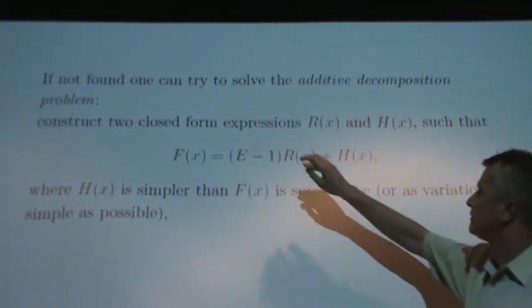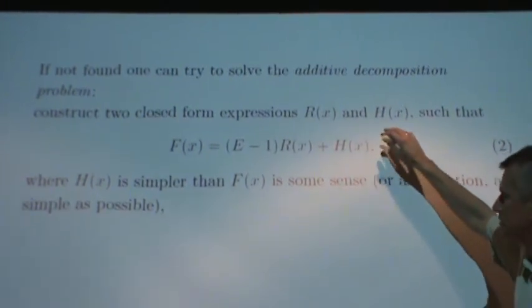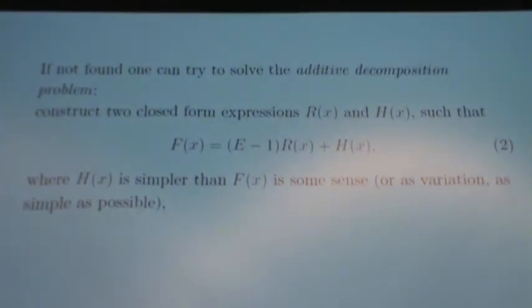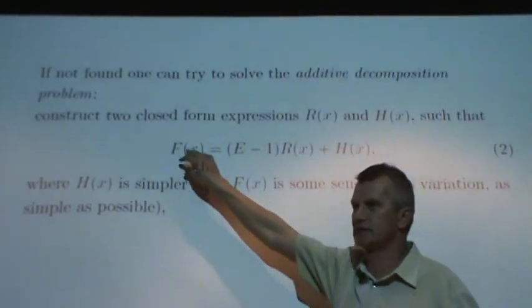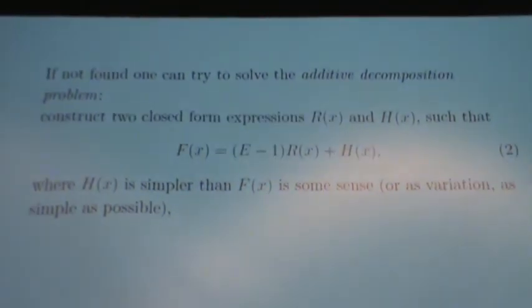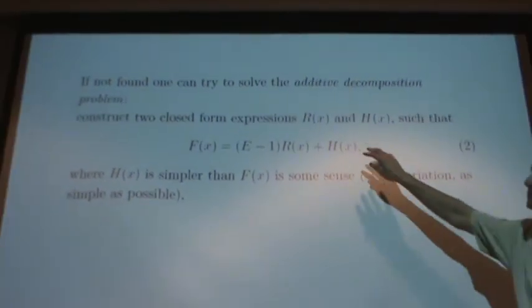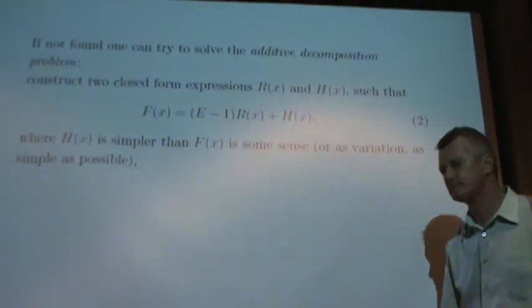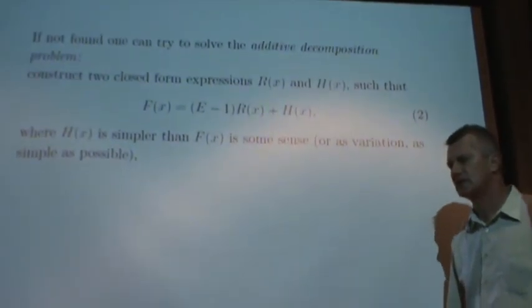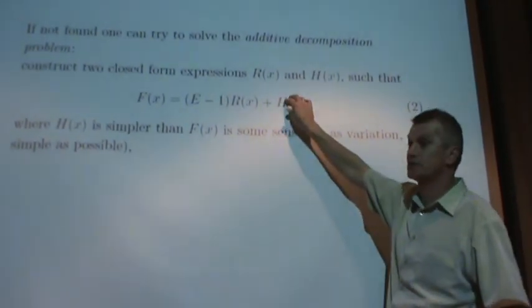Similarly here, a rational part and a non-rational part, with the additional property that the non-rational part is simpler than the original one, or as simple as possible. In the case of a rational function, it means exactly the same as for the rational integration problem. The only difference is that the dispersion of the non-rational part is 0 here.